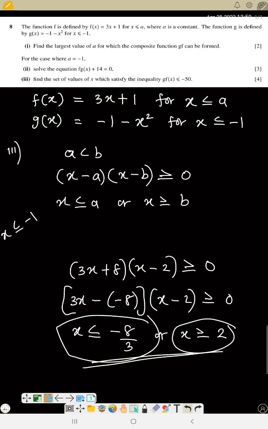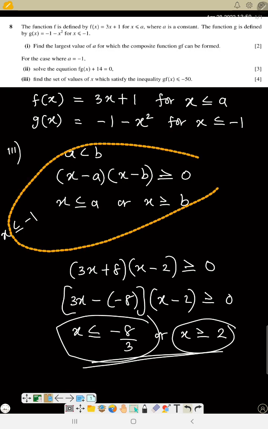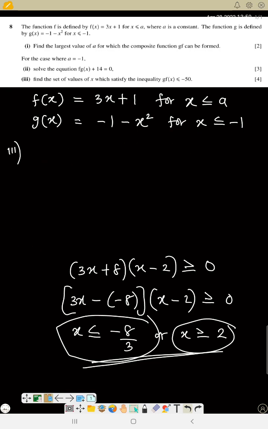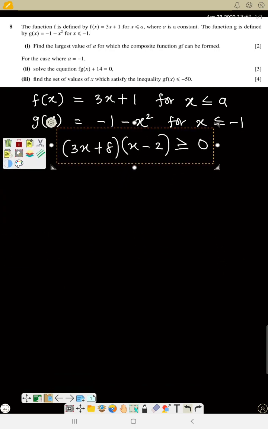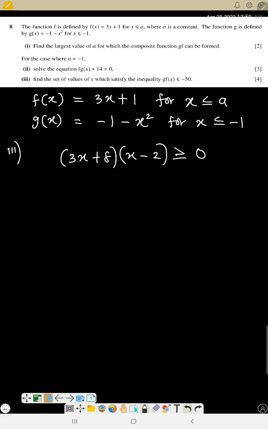But if we show the full workings, instead of using the short form like this, you can now use a number line. So we have a number line. Now make this equal to 0.